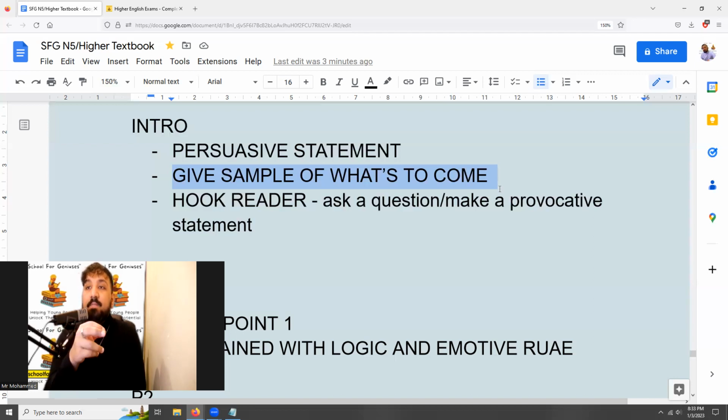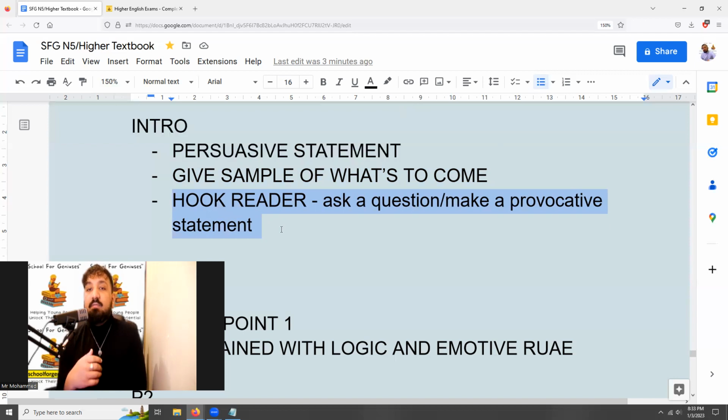Then the next thing you're going to do is give what's called a hook. All that means is you end your introduction by either asking a question or making a statement which makes the reader invested in your essay.